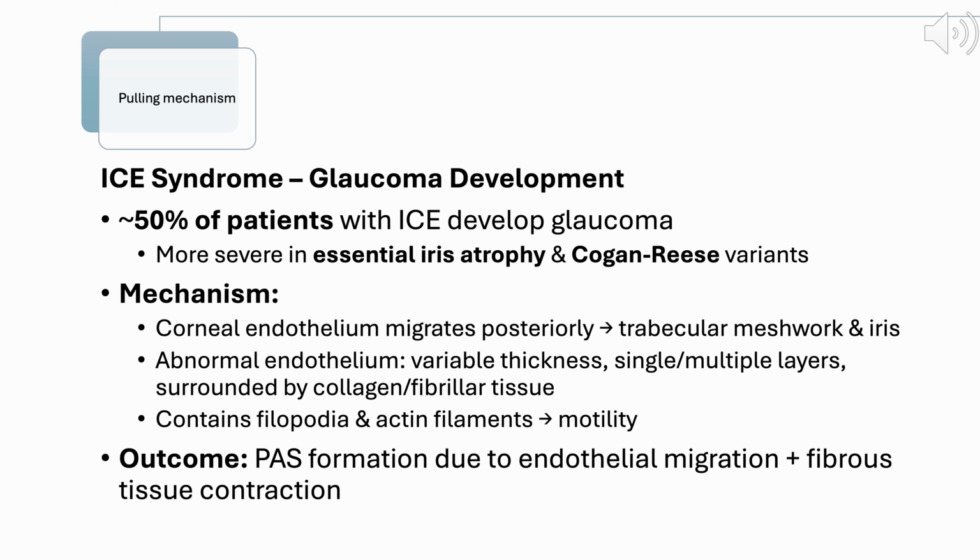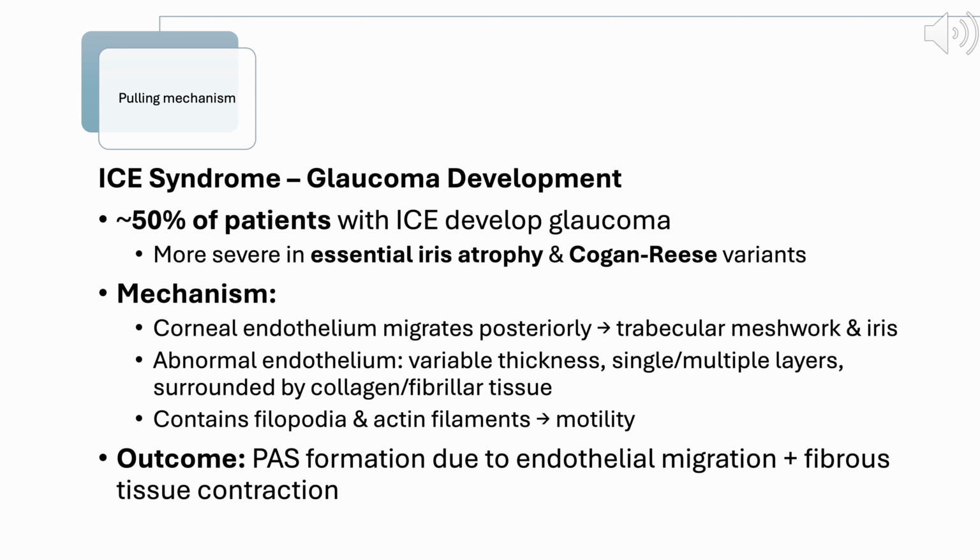Unlike normal endothelium, these cells vary in thickness, may form single or multiple layers, and are surrounded by collagen and fibrillar tissue. They also contain filopodia and actin filaments, which give them motility. The outcome of this cellular migration and contraction is the formation of peripheral anterior synechiae. These adhesions progressively close the angle, ultimately leading to chronic secondary glaucoma.